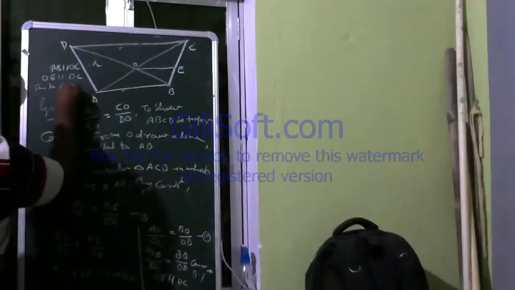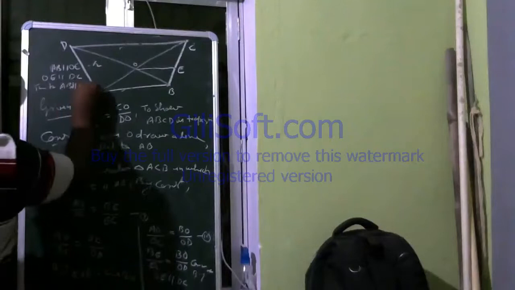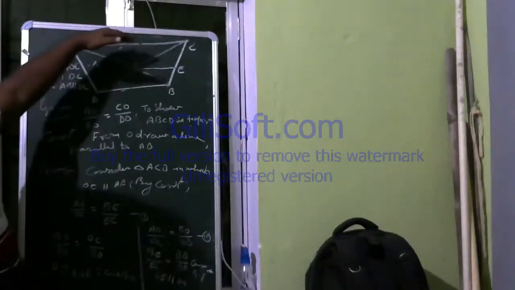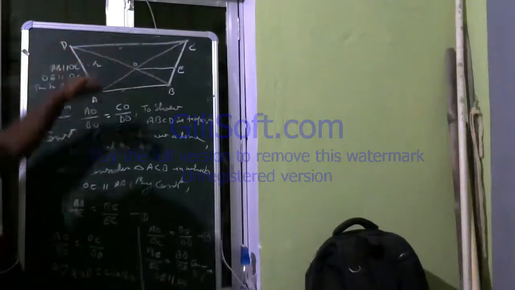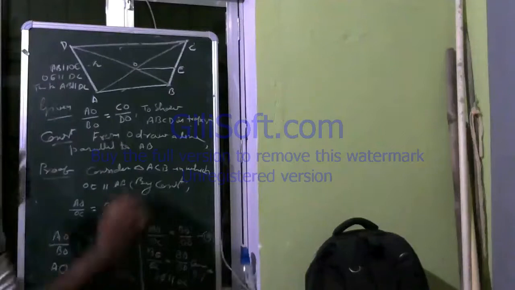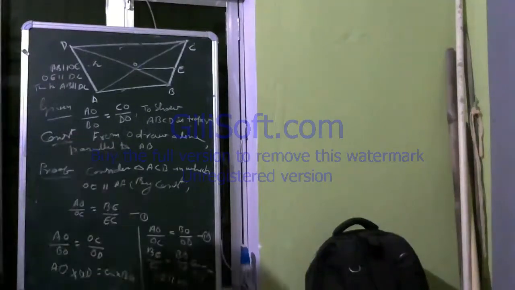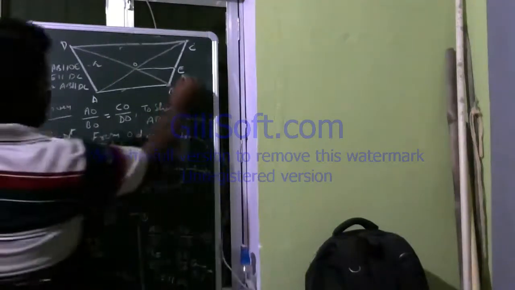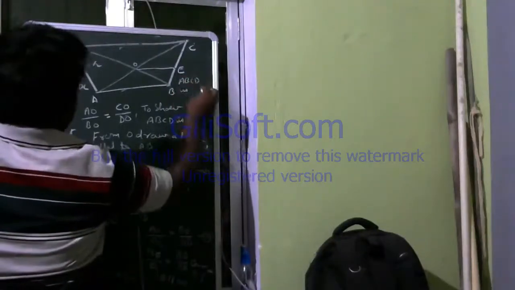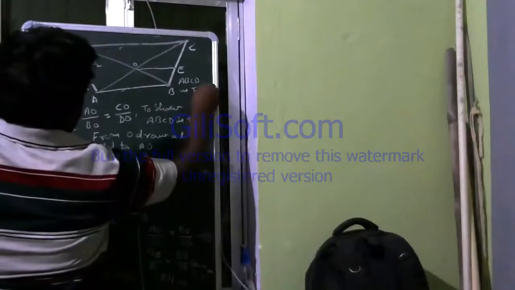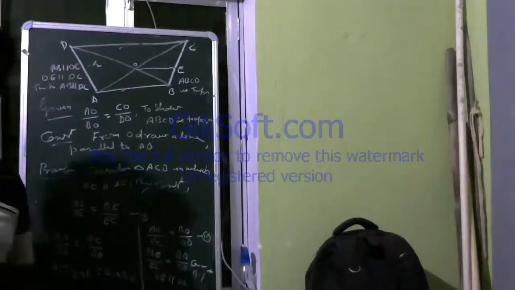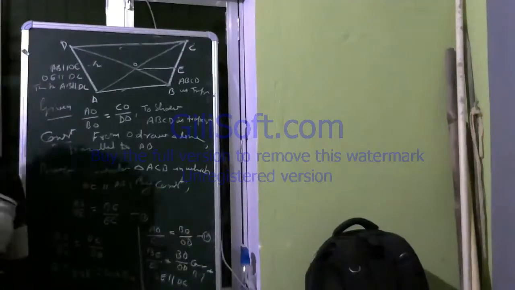Then AB parallel to DC, and in a quadrilateral, if one pair of opposite sides is parallel, and we are able to prove this, so you can say that quadrilateral ABCD is trapezium.